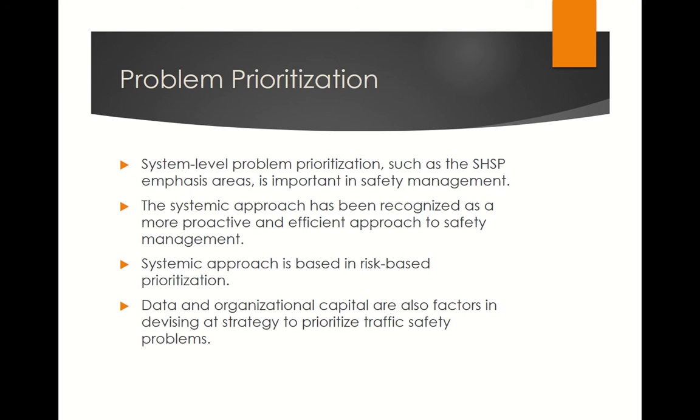Problem prioritization, system level problem prioritization, such as the SHSP emphasis areas, is important in safety management. The systematic approach has been recognized as a proactive and efficient approach to safety. You're trying to direct those resources where they are most needed rather than applying to the entire system. We talked about North Dakota working on rumble strips at the state system level.